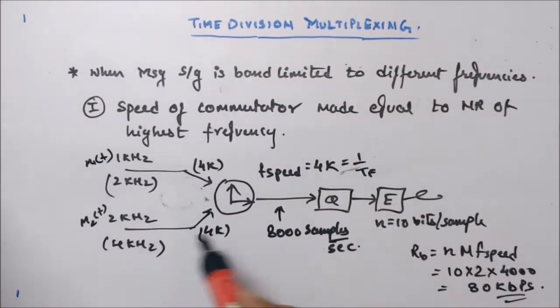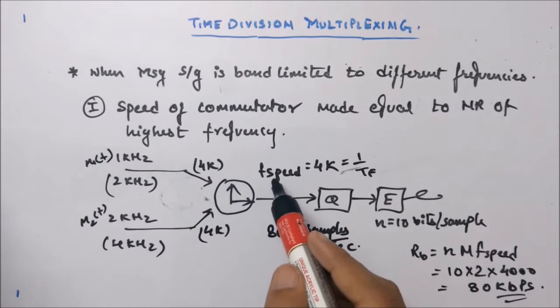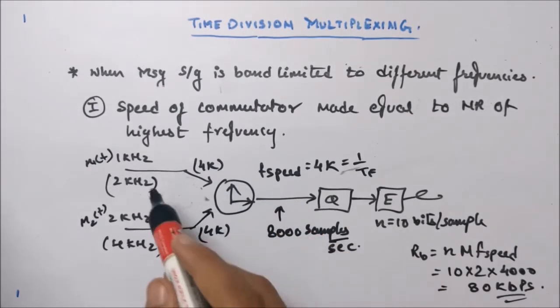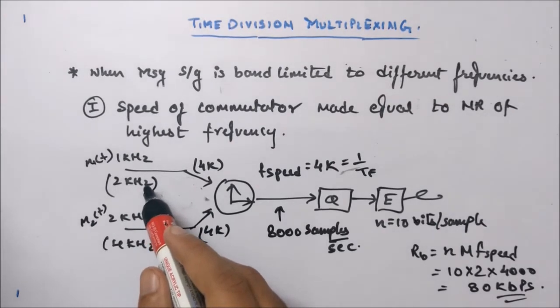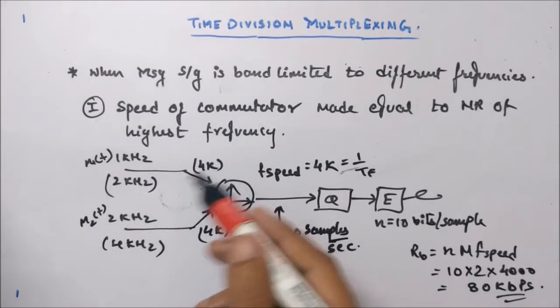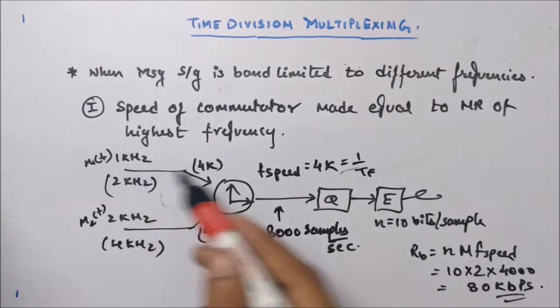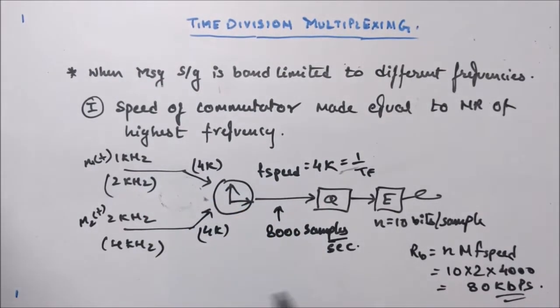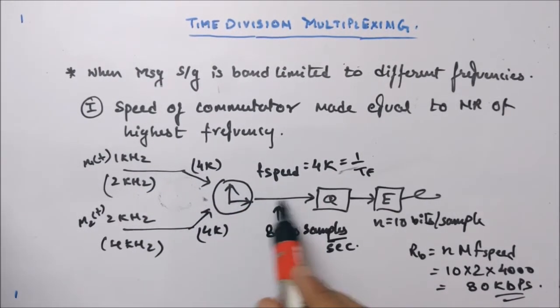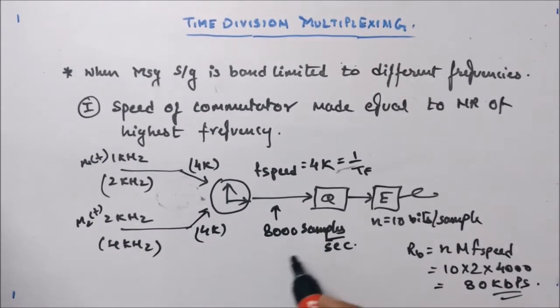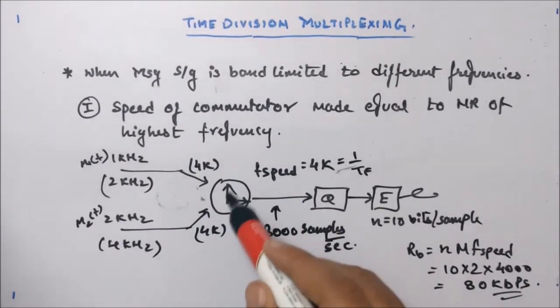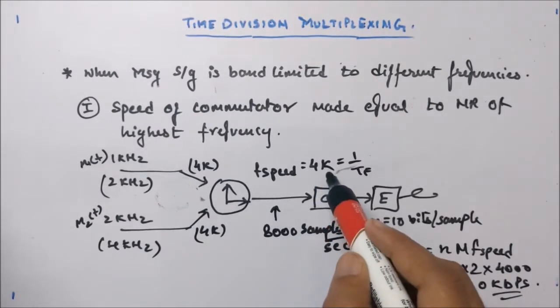So you set the speed of the commutator equal to this one, and since this requires only 2 kilohertz of sampling frequency, sampling above 2 kilohertz will work out. In total, the signal generated will have 8000 samples per second, 4000 from this one, 4000 from this one. And your commutator speed will be set to 4 kilohertz.